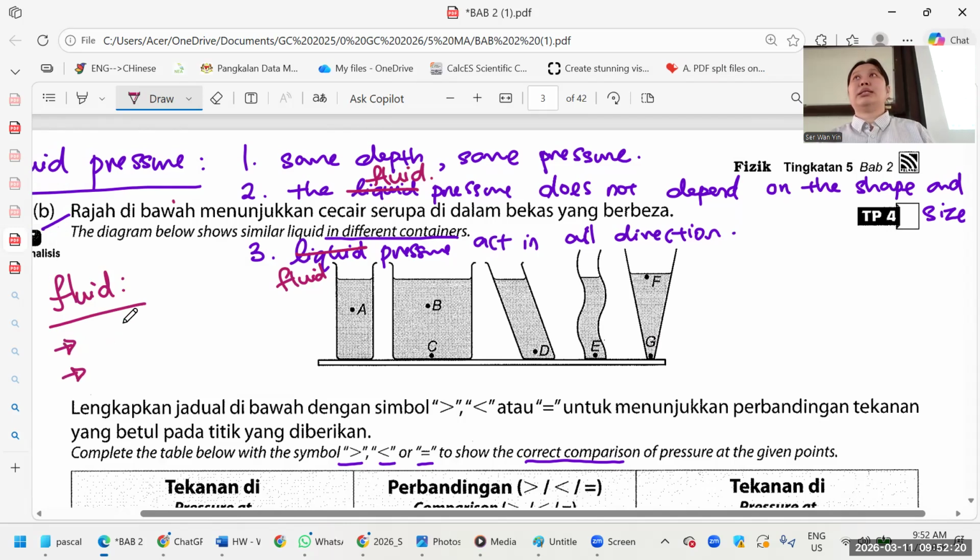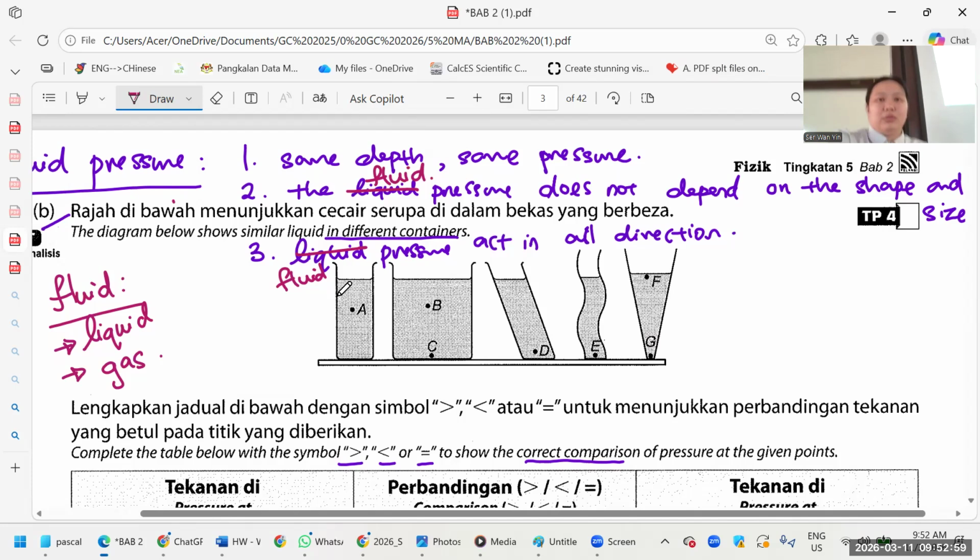Fluid means everything except solid. Liquid and gas are considered fluid. So everything has fluid pressure. But we normally study liquid first. And you can treat liquid as gas, you can treat gas as liquid, when we imagine that.